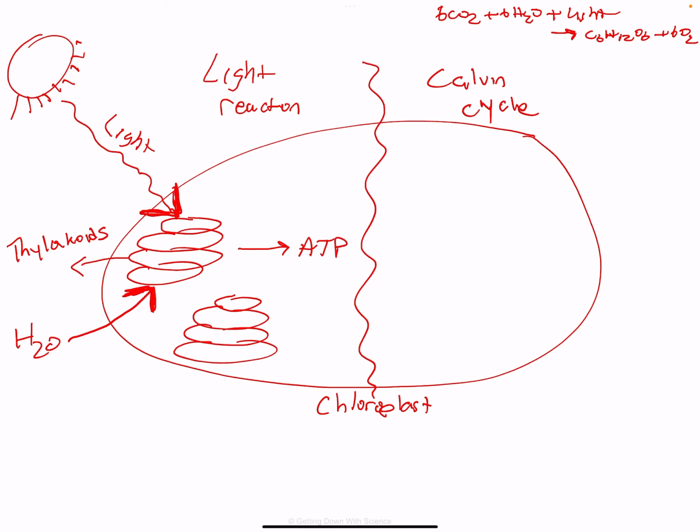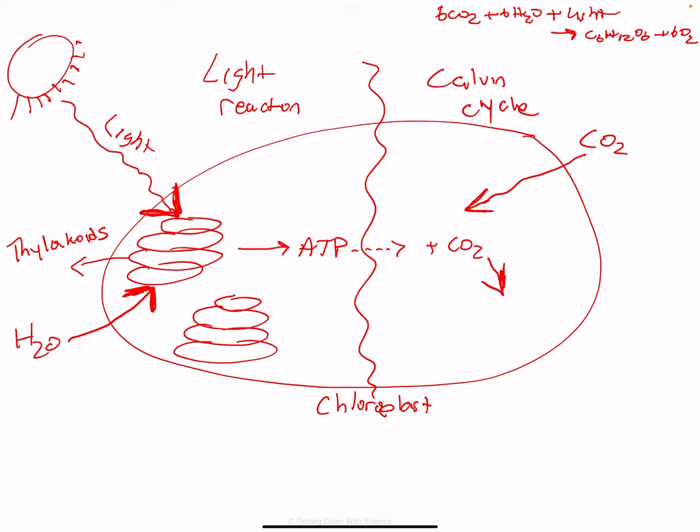Now, that ATP is going to move itself to the Calvin cycle. And in the Calvin cycle, we are going to now have our CO2 enter the cell. All right, it's being brought in from the atmosphere into the chloroplast. And when you take the ATP that we just created and you add it to our CO2, we are going to break that CO2 to generate what?